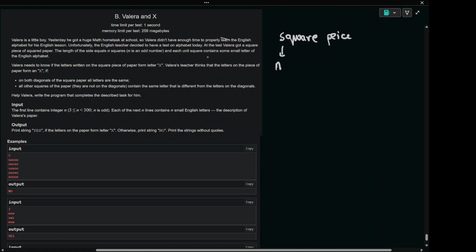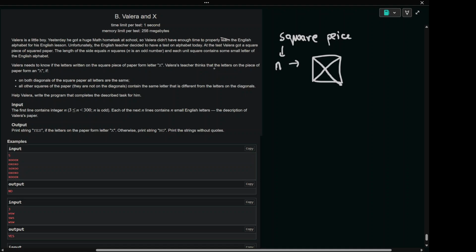And each unit square contains some small letter of the English alphabet. So what does it mean? Let's see. Valera needs to know if the letters written on the square piece of paper form an X. So there's a square like this. There should be some kind of X form on the paper with the letters.